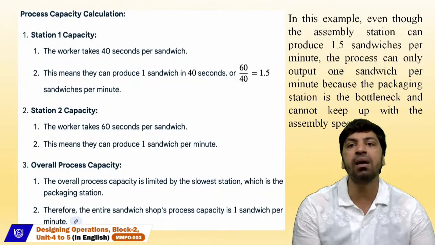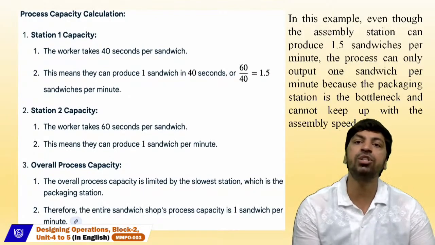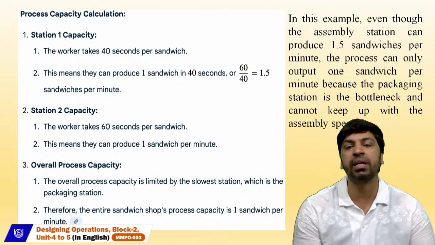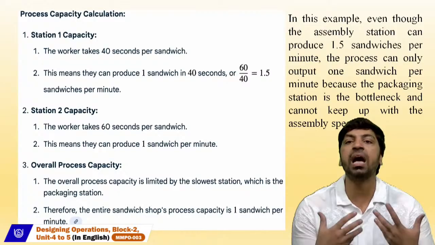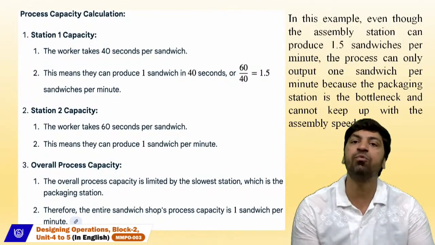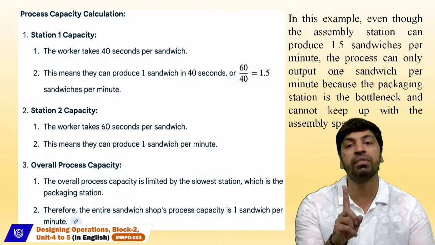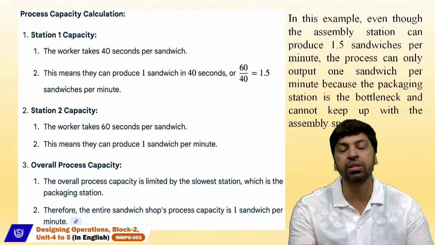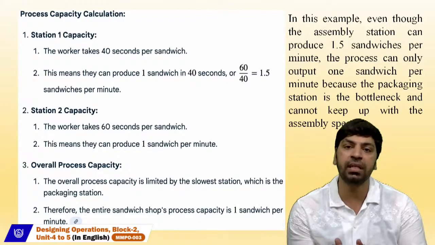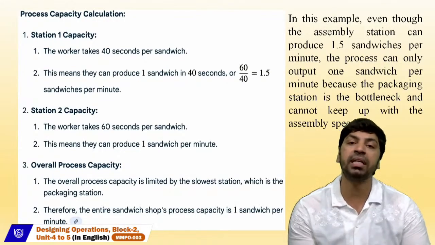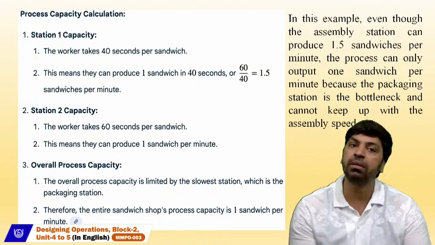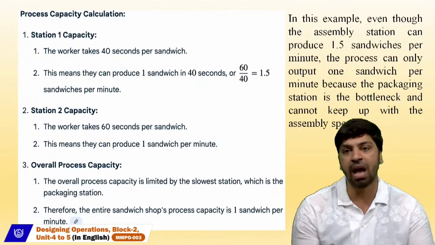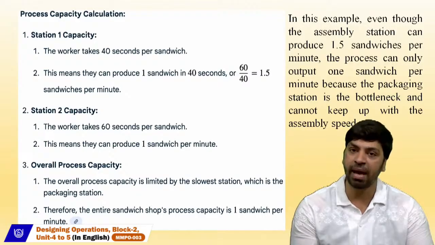In this example, the assembling station can produce 1.5 sandwiches per minute, but the process can only output 1 sandwich per minute because of the packaging station. So due to the packaging station, the overall process capacity is 1 sandwich per minute, and that is one appropriate example of process capacity.